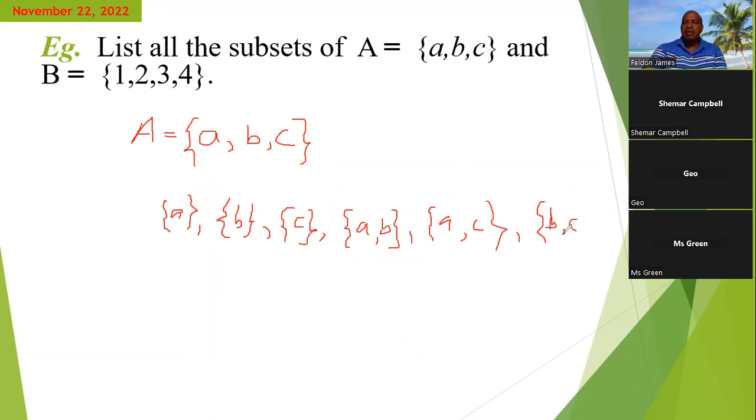Now, if you look carefully at each of the subsets, you notice that each of the subsets is unique. They are not repeated.